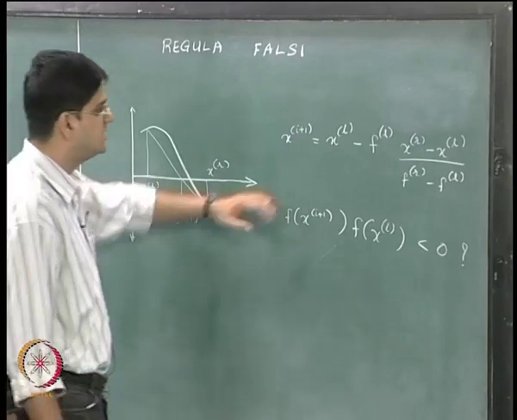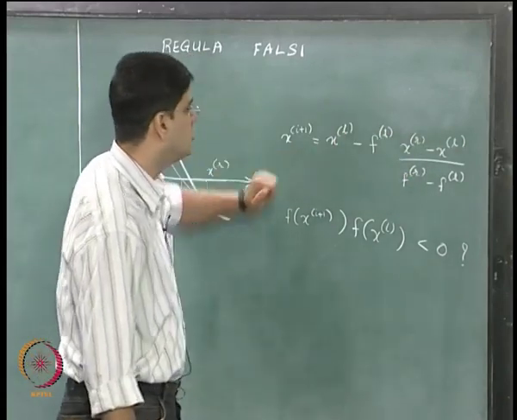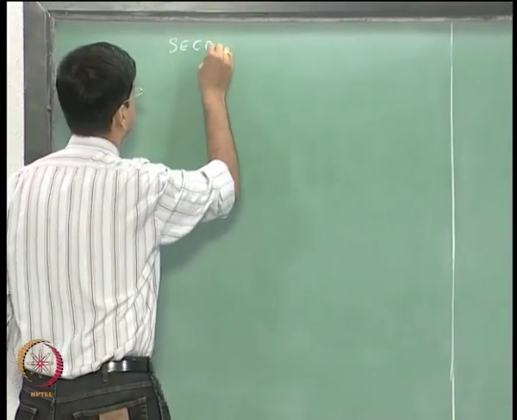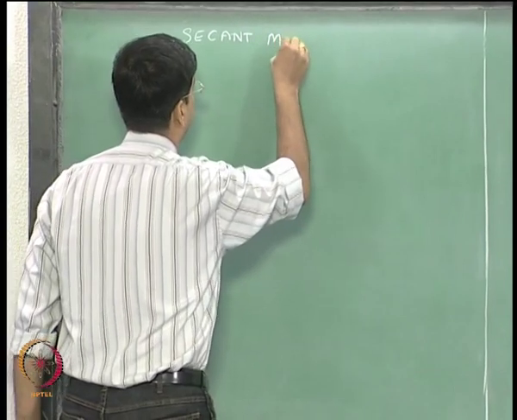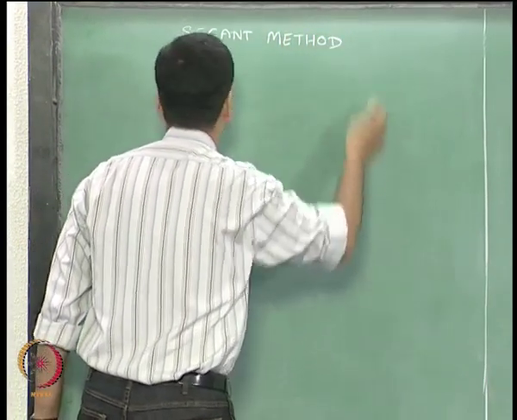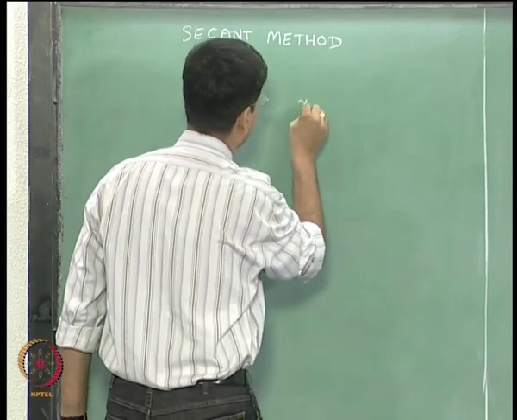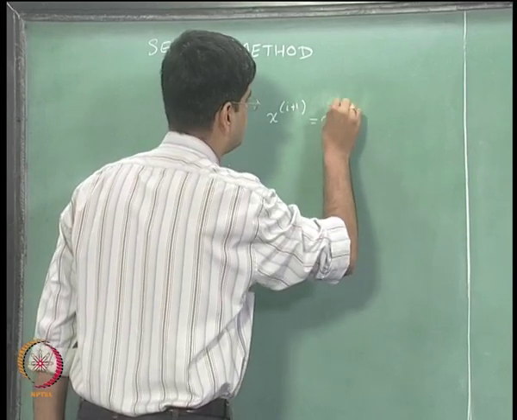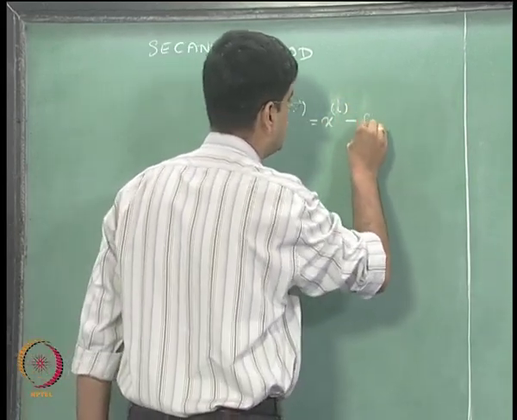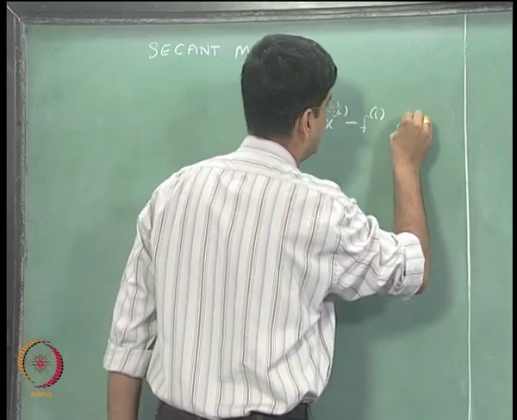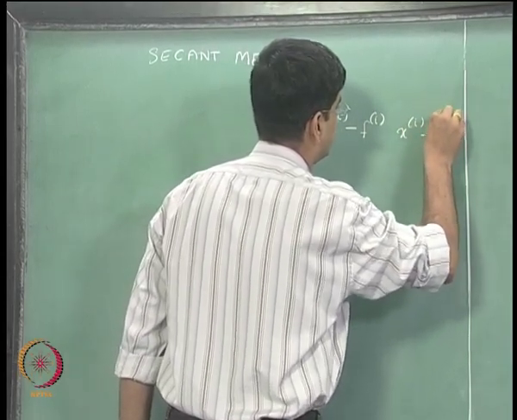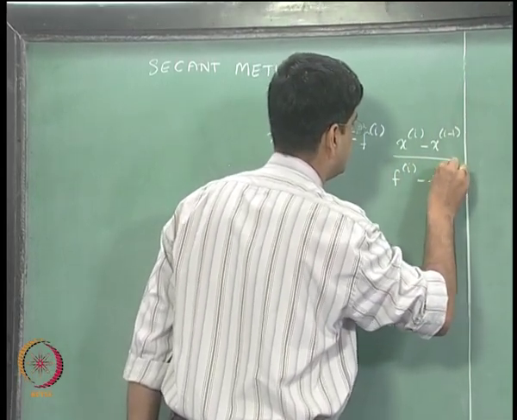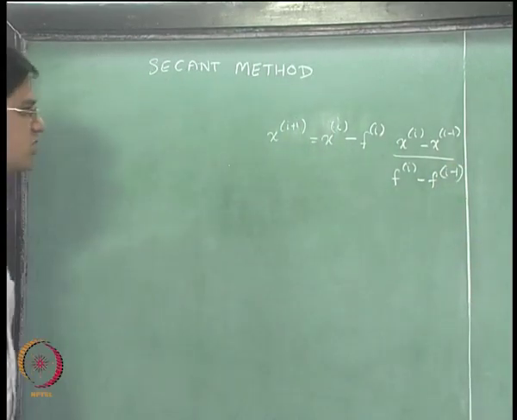What I mean by that is we will replace this equation with another equation in the secant method, and the generation of the new point is x i plus 1 equal to x i minus f i multiplied by x i minus x i minus 1 divided by f i minus f i minus 1.